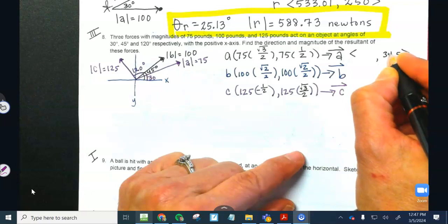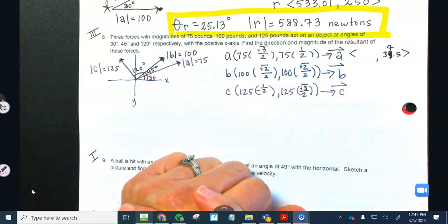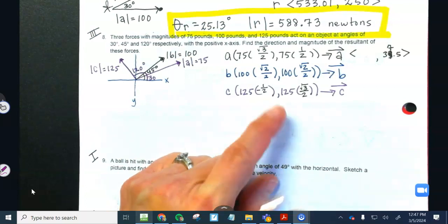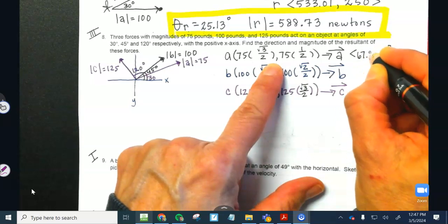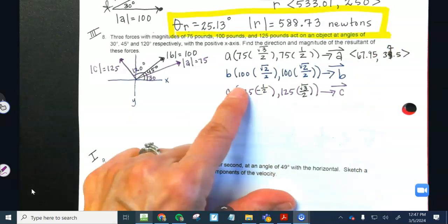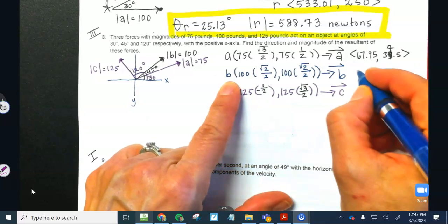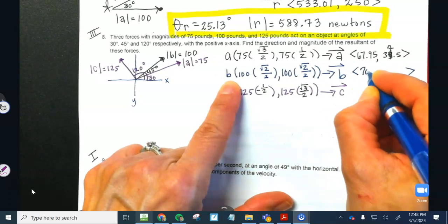Thank you. My bad. What's 37.5 times root 3? 67.95. All right. So these second ones right here, are they 70 point something? Thank you.